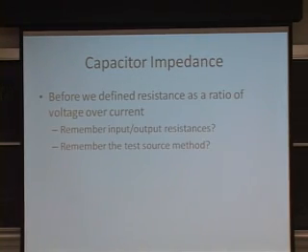So this is what leads up to what a capacitor impedance is. Essentially, a resistance is a ratio between voltage and current. Remember the problems we dealt with in the first section of this course where you introduce a test source, find what the test current is, and the ratio between the two is a resistance. That's just a voltage over a current that gives you your net resistance.